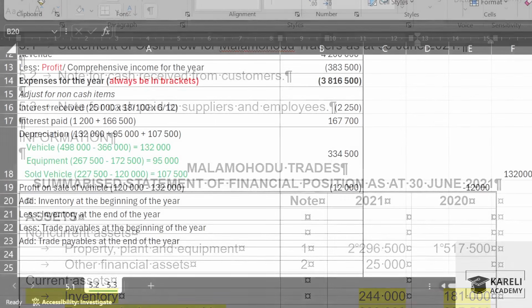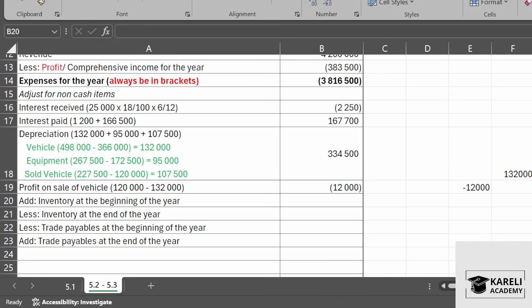Therefore, on our answer sheet, we will have 181,000 for the opening balance, then minus 244,000 for the closing balance. It should be in brackets. You must always remember that.